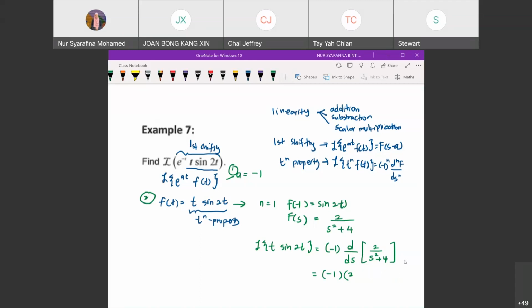For s, 2 times 2s over s squared plus 4, squared, with a negative sign.